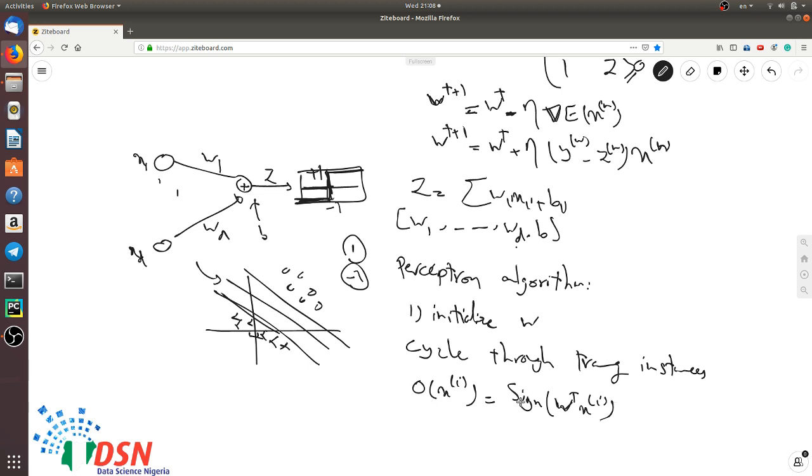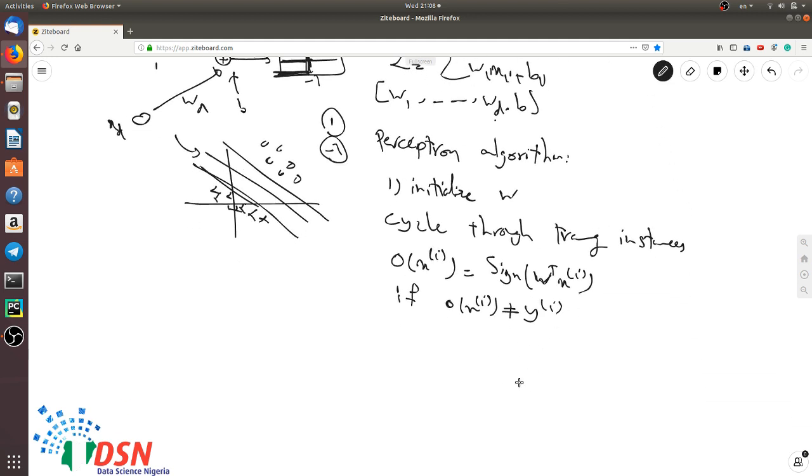So we calculate the output of the network, and if this output was not equal to the target label, then we update the weights to W plus yi xi. In other words, for misclassified training data, we update the weights, but for the training data that are classified correctly already, we don't adjust the weights.